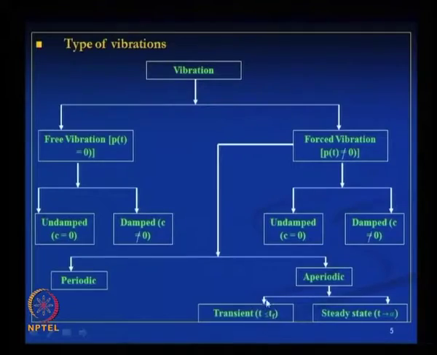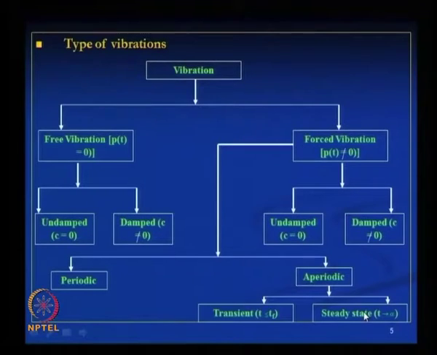We call it transient when the time for which the dynamic load is acting is finite, that we call a transient type aperiodic forced vibration. For example, earthquake load, which occurs for a finite duration of time.